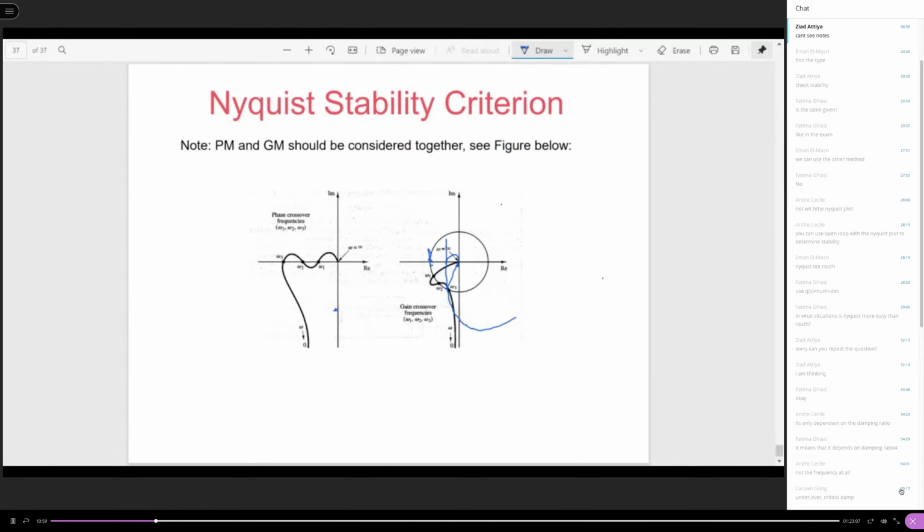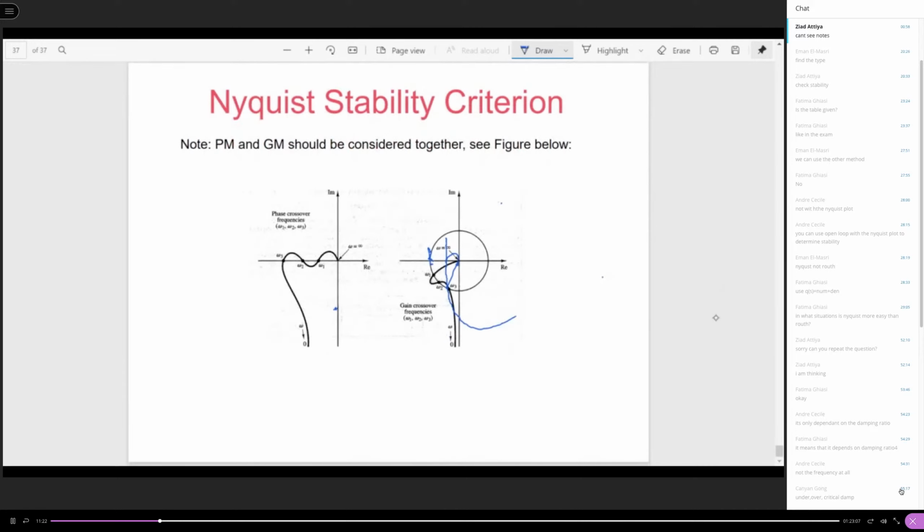So this will be a better system in terms of stability. This is something I want to make clear: do not take the margins separately. Consider both of them at the same time.